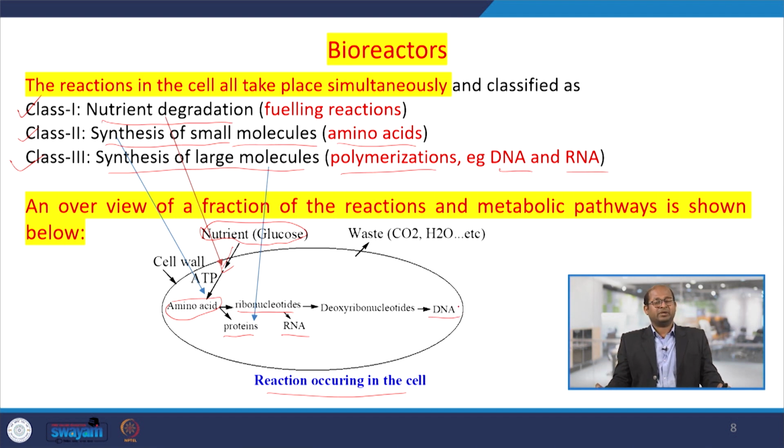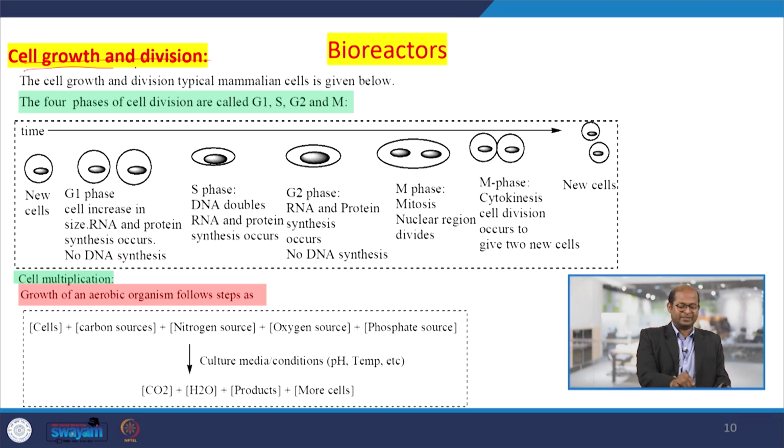Further polymerization reactions take place and larger molecules are formed. So many reactions take place, step by step, from the nutrients consumed by the cells.